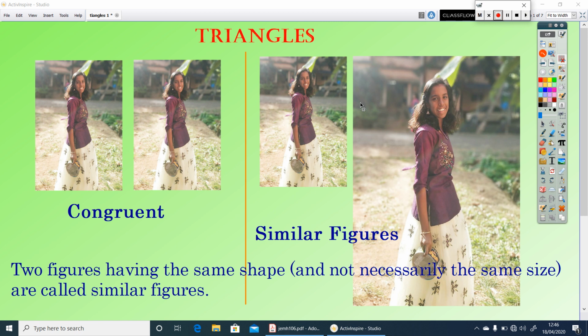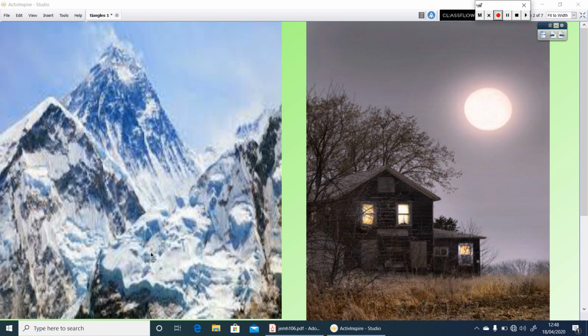Now why are we studying this similarity of triangles? Look at the images here. The first image is an image of Mount Everest. Have you ever thought about how the height of this mountain was found out?